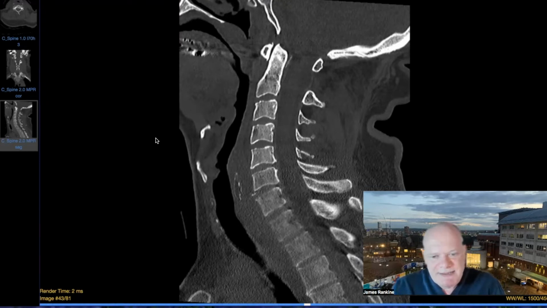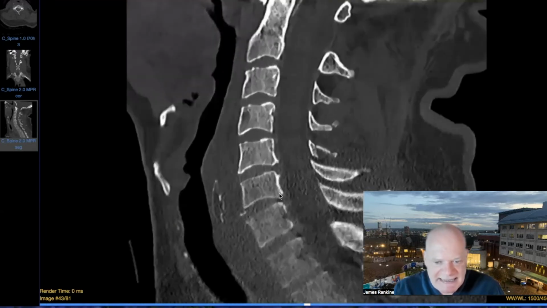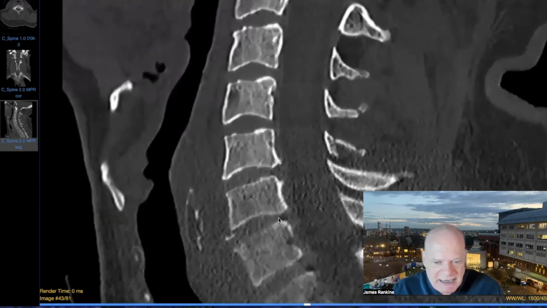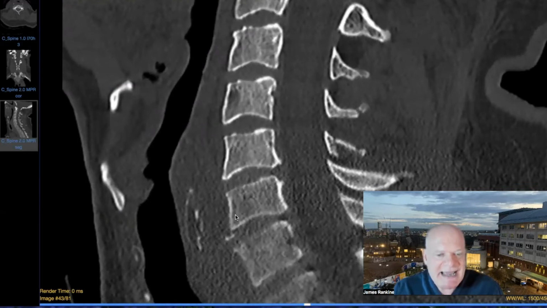Now, the other point is that with a hyperextension injury, with a distraction force at the front of the spine, the orientation of the fracture tends to be horizontal. And this is a classic hyperextension teardrop avulsion. It's a tiny flake of bone, it's horizontally orientated, and we've got a massive amount of soft tissue swelling.